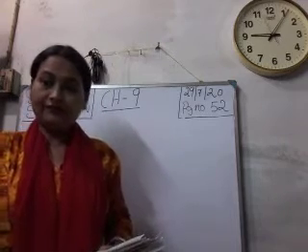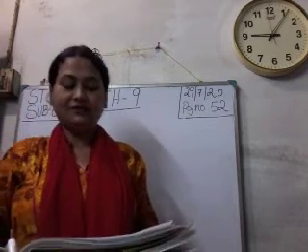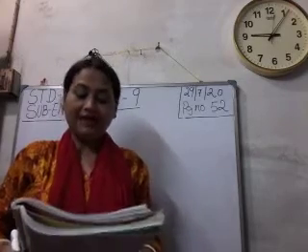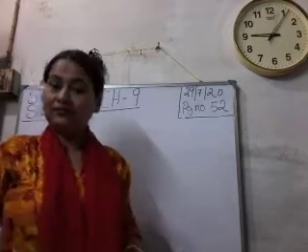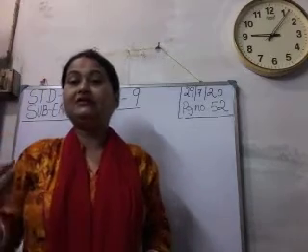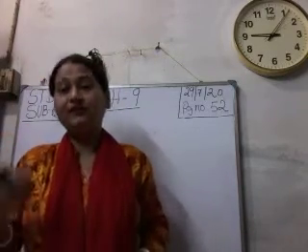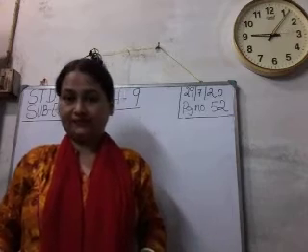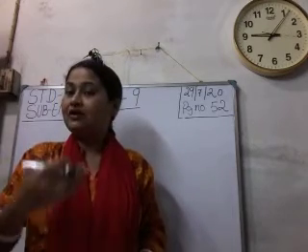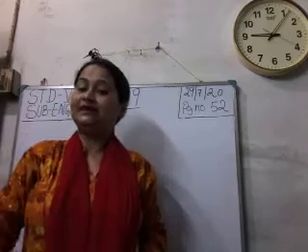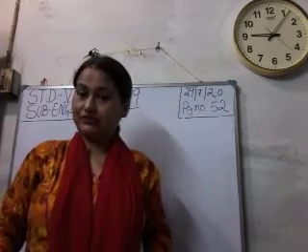Now see number 5. Some adjectives of comparative degree and superlative degree are formed by adding more and most. So some of the adjectives of comparative degree and superlative degree are formed by adding more and most before the adjective. In comparative degree, we add more with the adjective, and in superlative degree, we add most.